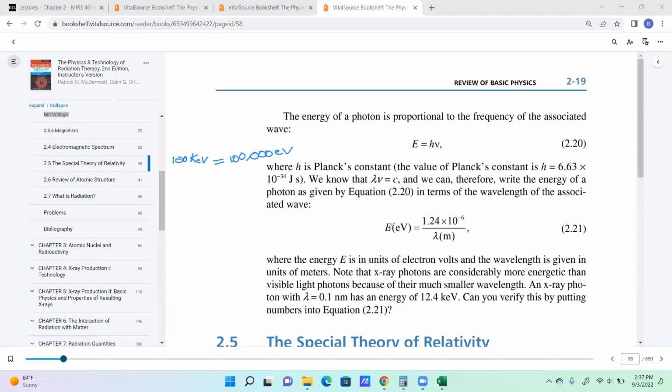So I've got 100,000 eV, which I can put here. I can rearrange this formula to give me that this is equal to 1.24 times 10 to the sixth divided by 100,000.